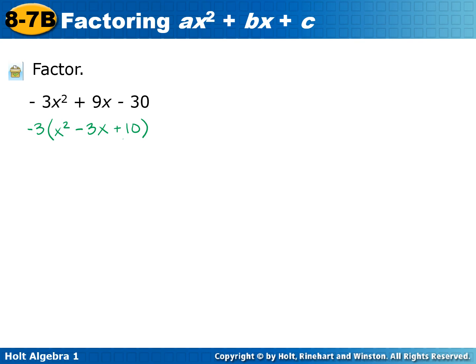All right, factors of 10 that add up to 3. 10 and 1 doesn't work. 5 and 2 doesn't work. So this one right here is factored completely. You cannot factor that anymore.